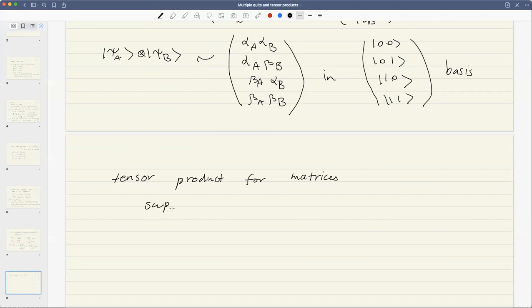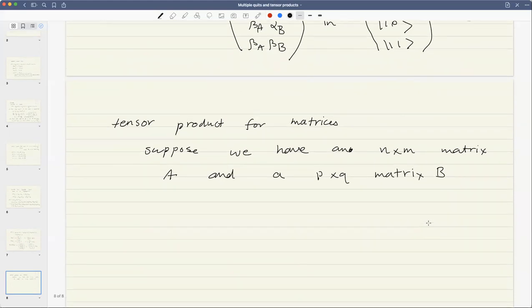So suppose we have an n by m matrix A, and let's say a p times q matrix B. Okay, so how do I find A tensor B? Well, the recipe is this. Let's do it with an example.